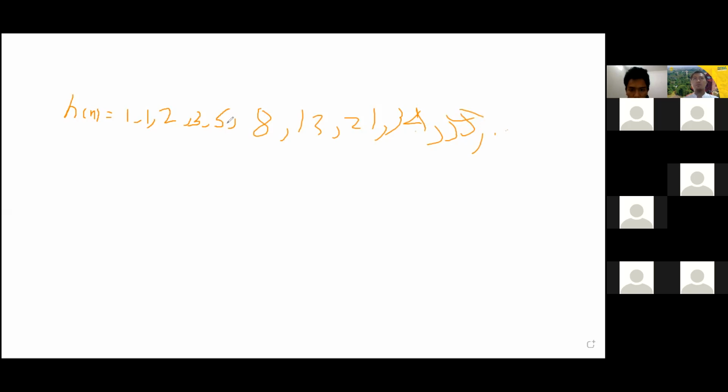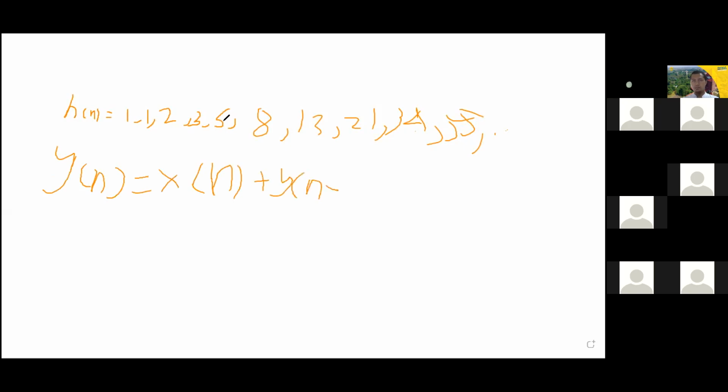From this unit sample response, we can get the difference equation. We can write it like this: the equation of the Fibonacci series.